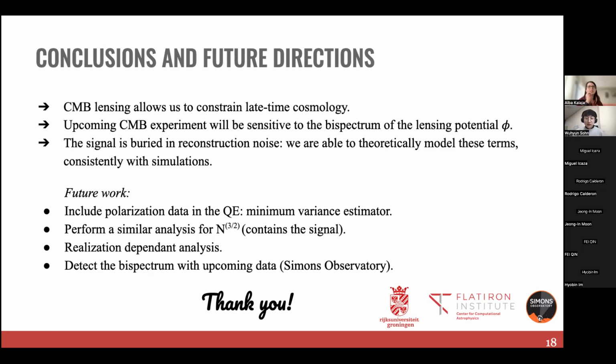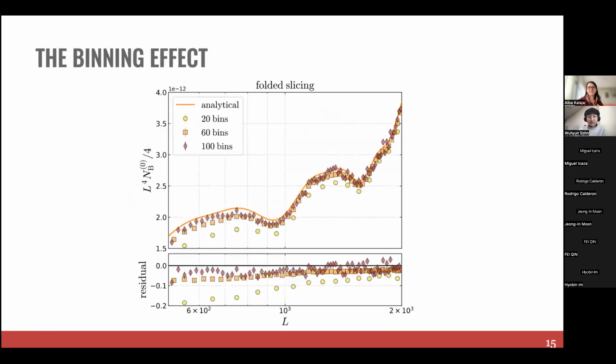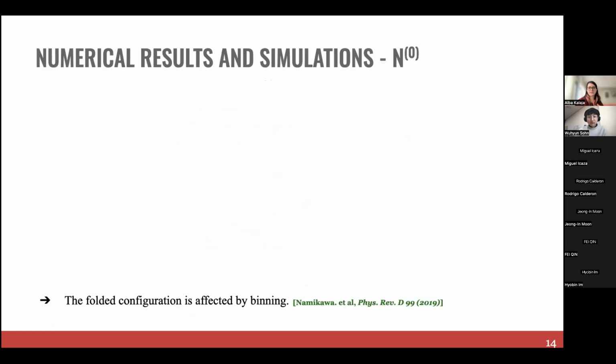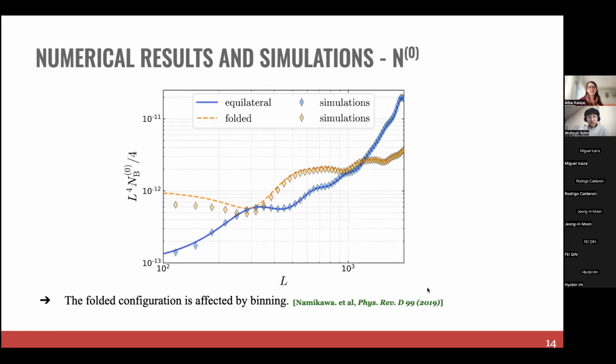Yeah, it might be. In particular in this paper, they look into reasons why, because they see this effect on the lensing bispectrum, and it's quite evident in the squeezed one.